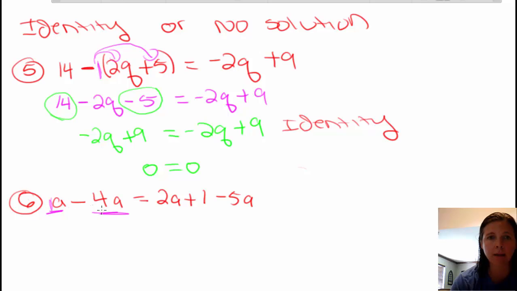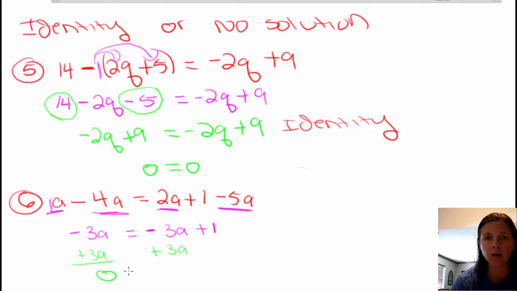So this is just 1a minus 4a, so -3a equals, and over here we have 2a minus 5a, which gives us -3a plus 1. Okay, so if we go to solve this for a, we're going to add 3a, add 3a. Well, we end up with 0 equals 1. Okay, well that is not true, so you would say no solution.